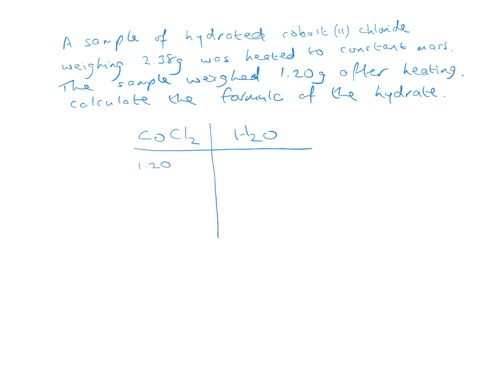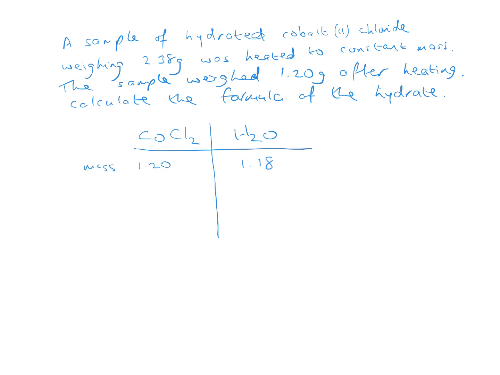The water can be worked out by subtracting the mass of the dry sample, or the anhydrous salt, from the original hydrated salt. So this value here is the cobalt(II) chloride, including the water. So 2.38 minus 1.20, that will give me the mass of water, which is 1.18. The next thing I do is calculate the number of moles.